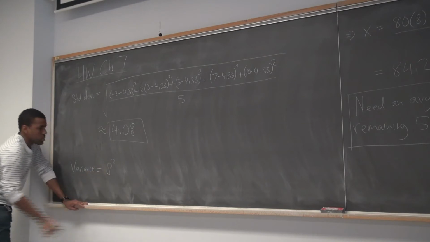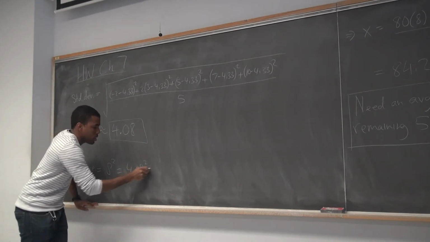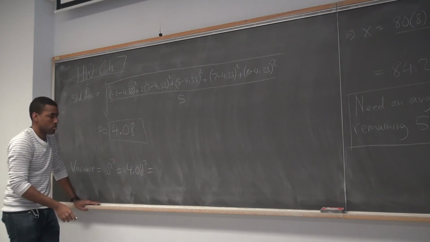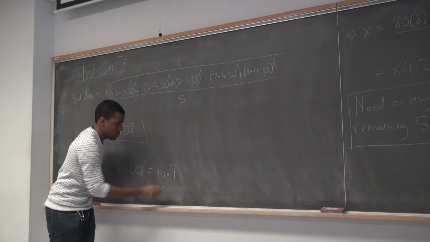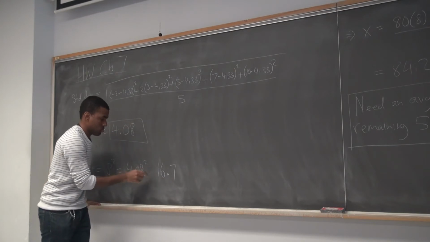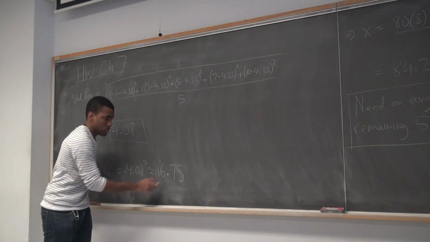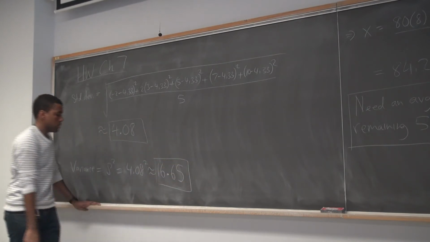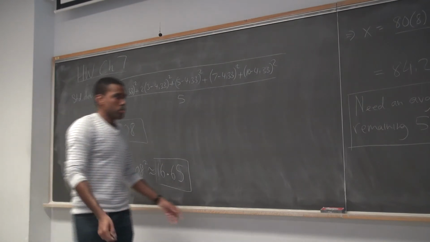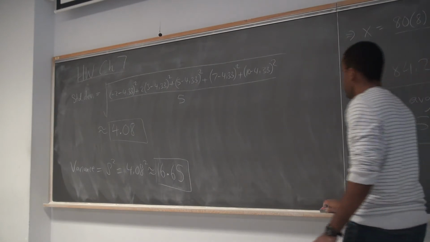Right, you square the standard deviation, which is just 4.08 squared, which is 16.65, which rounds that way. Okay. So those parts were just applying the formula. That part wasn't supposed to be hard.